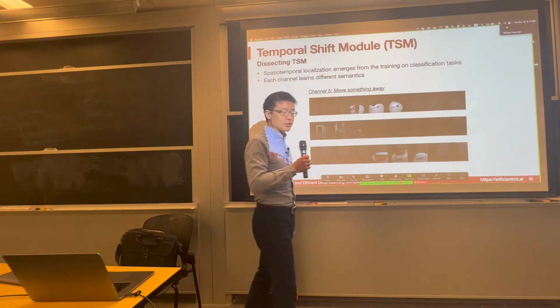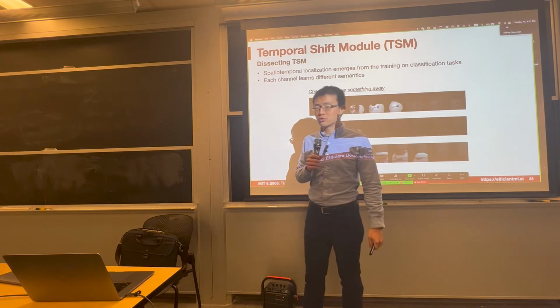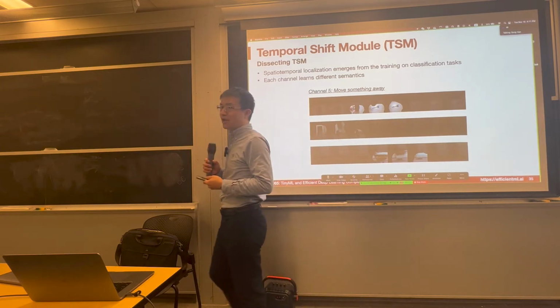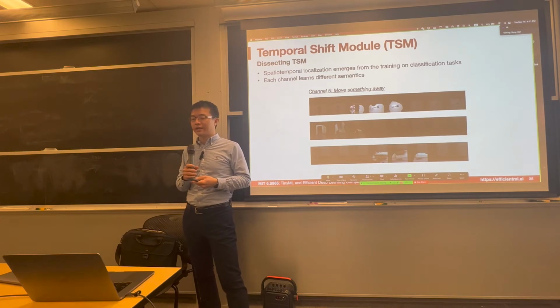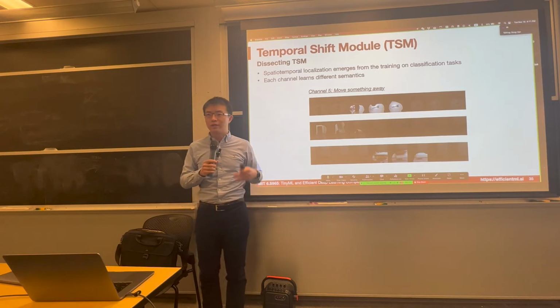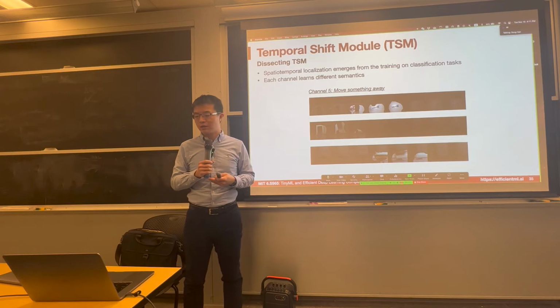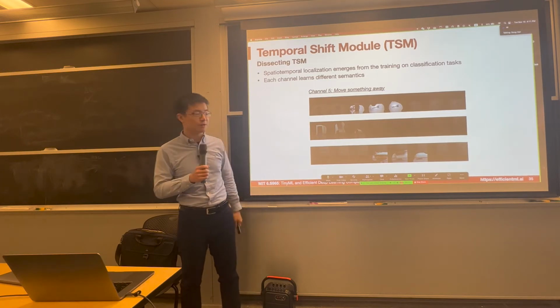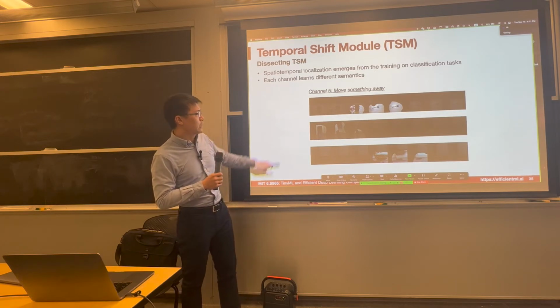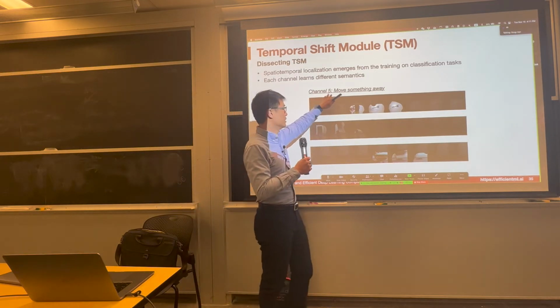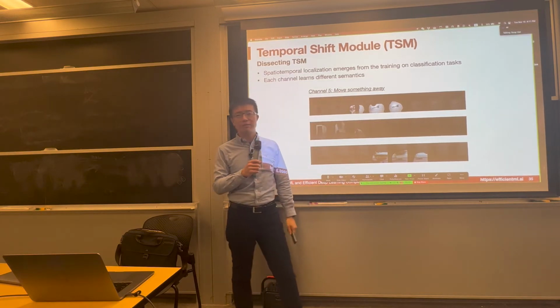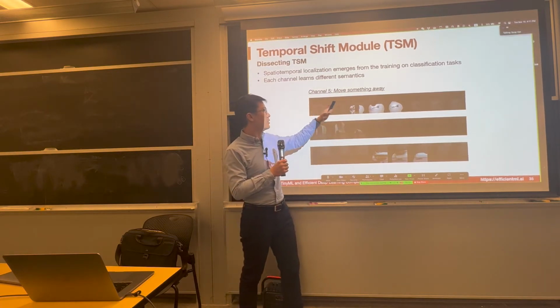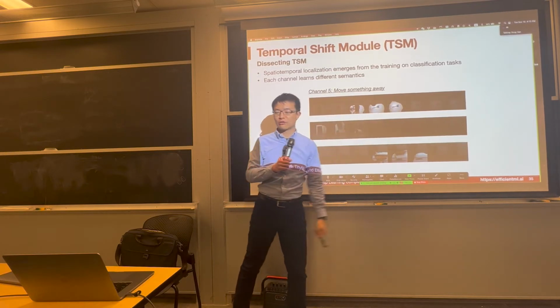Okay, so from inference to training, now let's switch gears to try to dissect and understand how to explain TSM, right? So what is it looking at, and is it effectively capturing both the spatial and temporal information? Okay, so we find for this class, like predicting if something is moving something away, these are 1, 2, 3, 4, 5, like 8 frames.